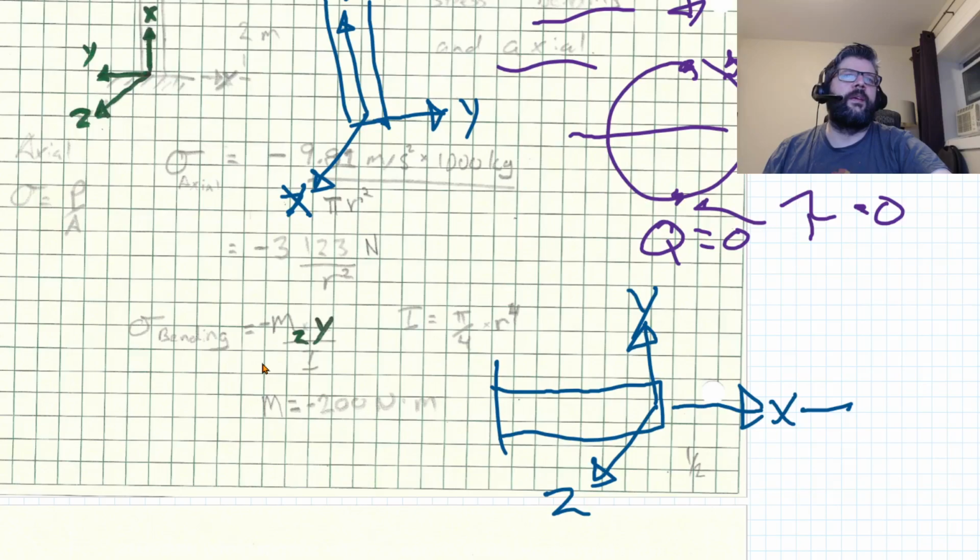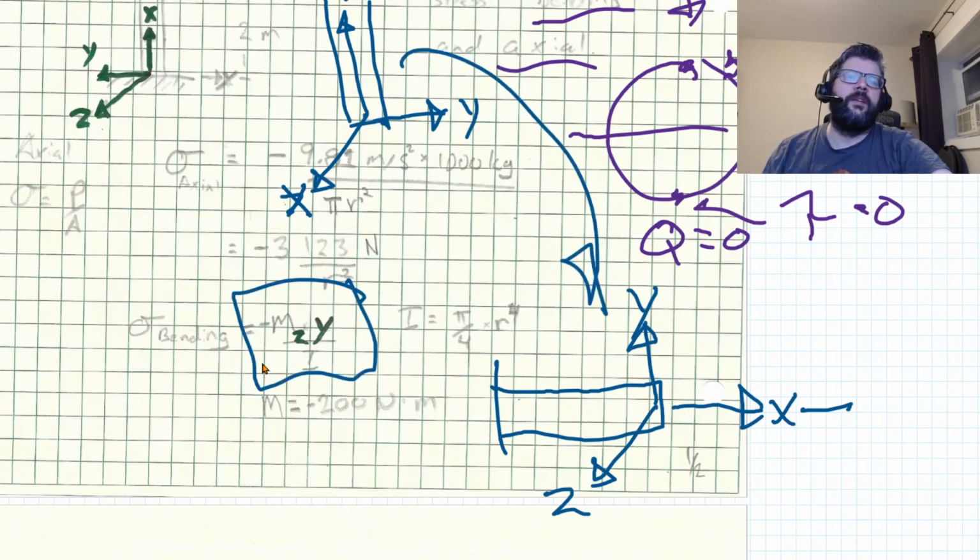So the coordinate system that I chose here didn't match the coordinate system that this formula was derived for. In order to fix that, you want to choose a coordinate system that matches the coordinate systems for the formulas you're using.